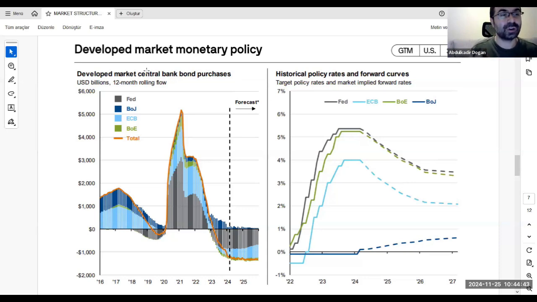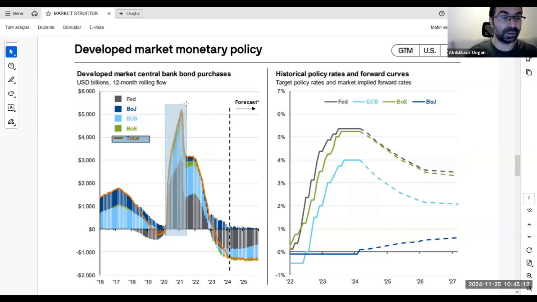I'm trying to show how much of the bonds the central banks are buying from the market. This black one is the Fed here. This dark blue is Bank of Japan. Light blue is European Central Bank. The light green is Bank of England. And the orange one is total.